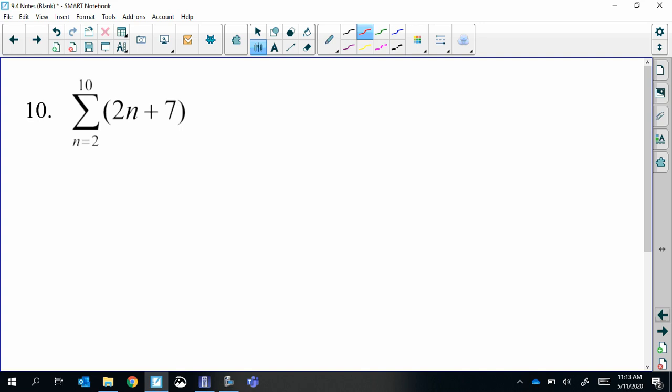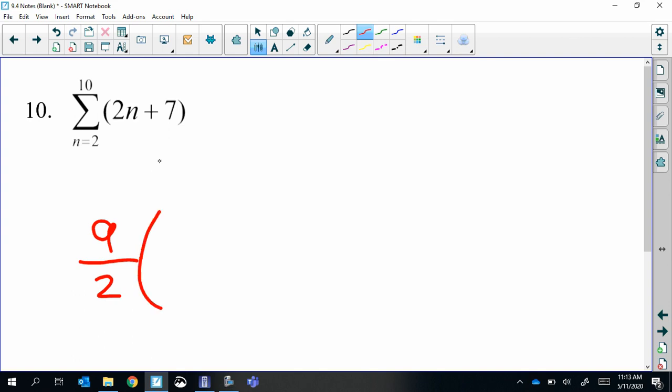Last example, same idea. If you're plugging it in and wanted to do this by hand, first thing we need to know is that from 2 through 10, how many numbers is that, counting 2 and 10? So 10 minus 2 is 8. It would actually be 9 numbers, counting the 10 and the 2.